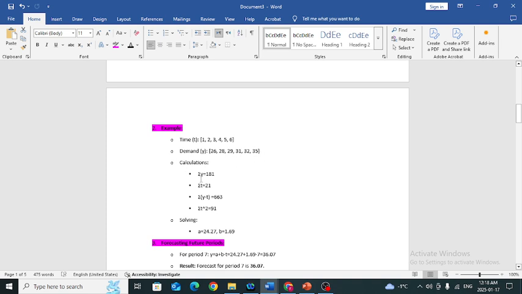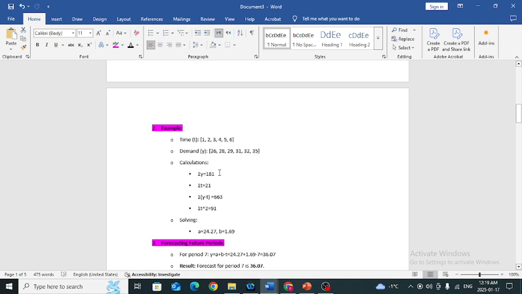For the calculation, sigma y means the total of the y, that is 26 plus 28 plus 29 plus 31 plus 32 plus 35.